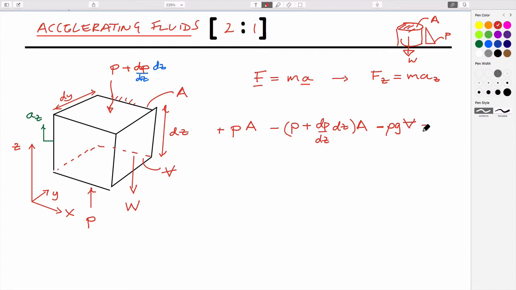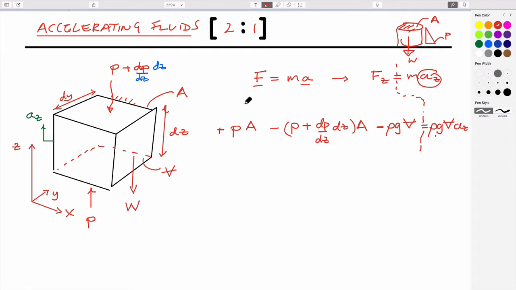And that's going to be equal to the mass times the acceleration in the z direction. So this is an equal sign, so if you want to differentiate between these two areas, this is basically it.